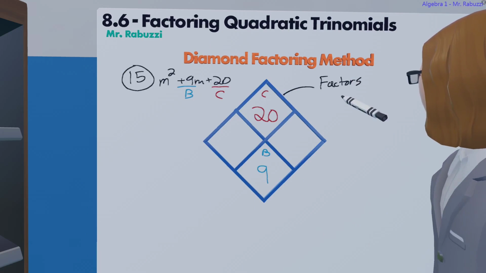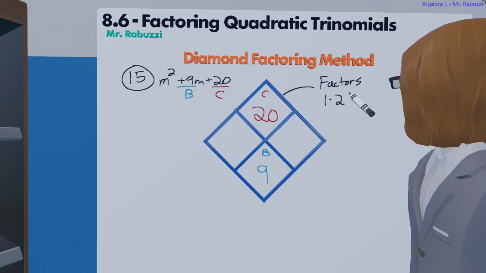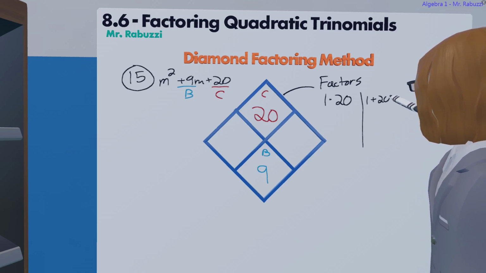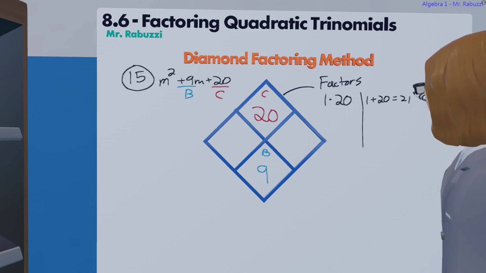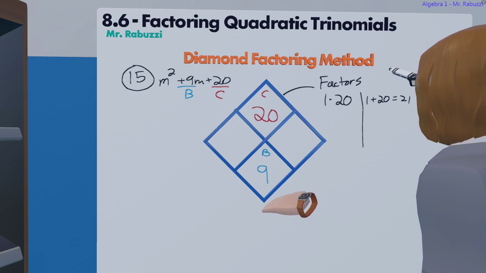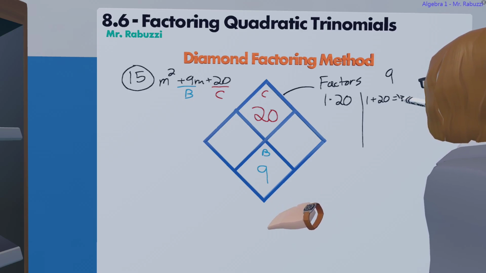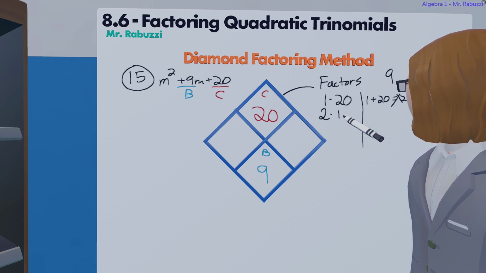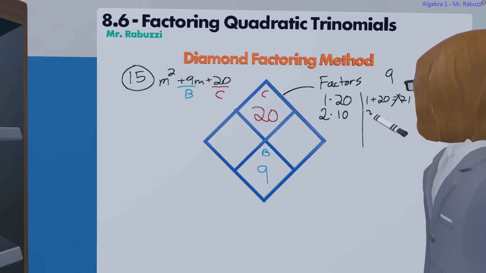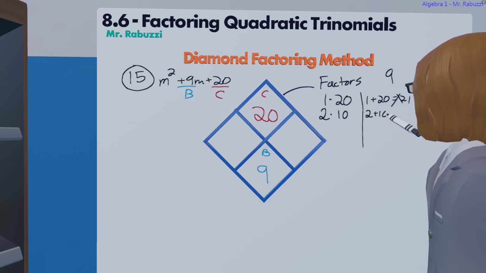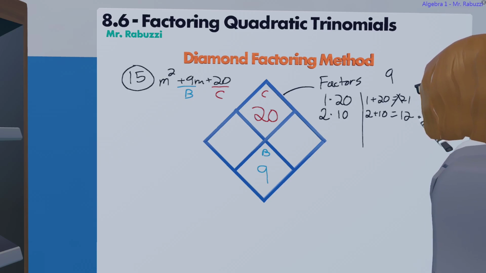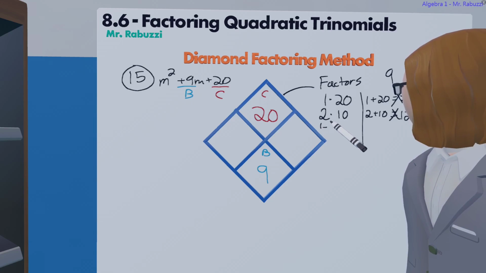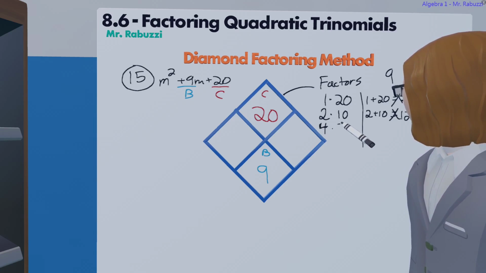Let's factor 20. Well, it's 1 times 20, which I'm pretty sure 1 plus 20 does not equal 9. Right? We need our addition problem to be 9, but it's not. Okay. Let's try 2 times 10. That's 20. 2 plus 10. Oh, that's not 9. Okay. 4 times 5.